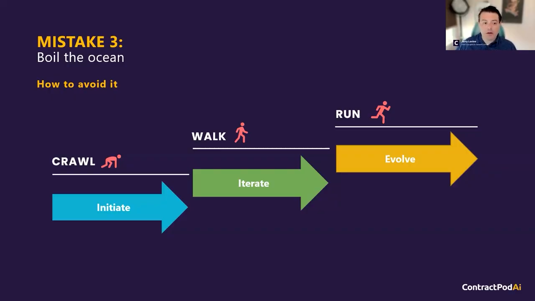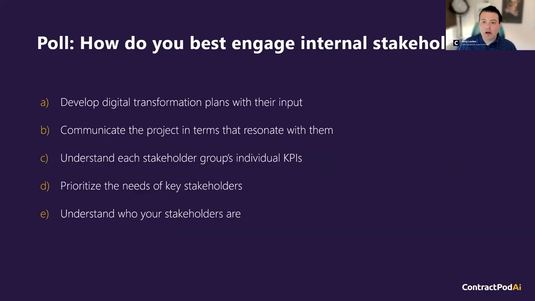With that, I would like to go on to our second poll. We talked a little bit about internal stakeholders a moment ago. How do you think you best engage internal stakeholders? Is it A, developing digital transformation plans with their input?